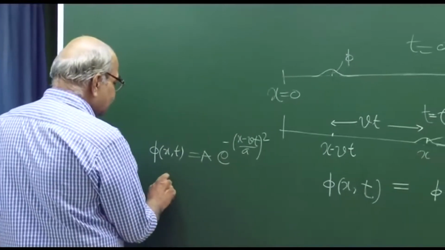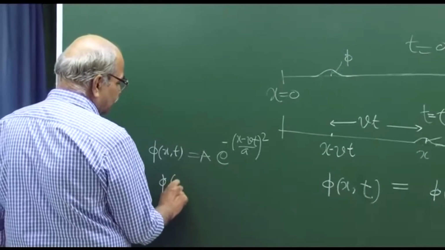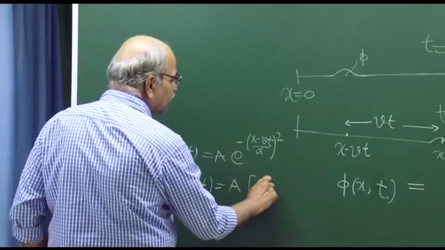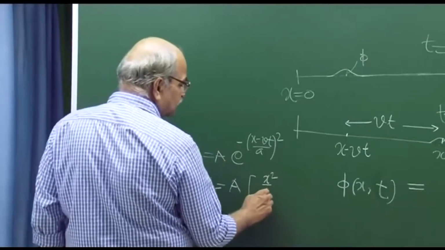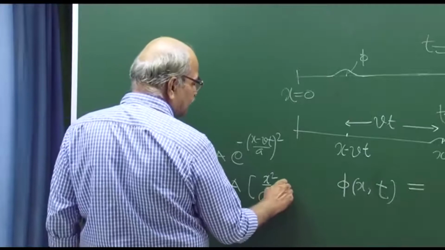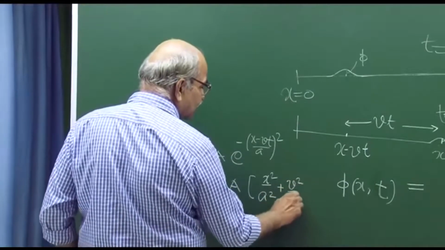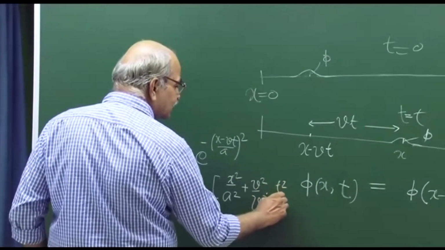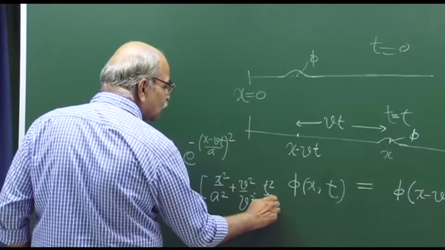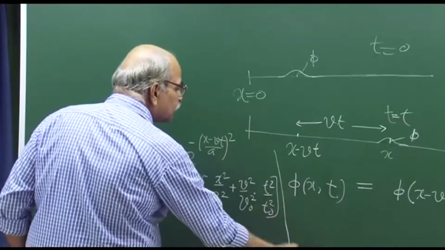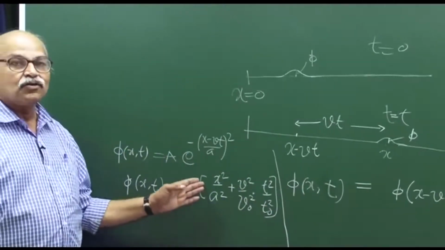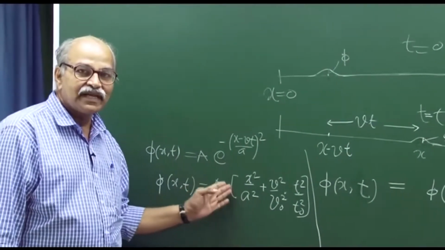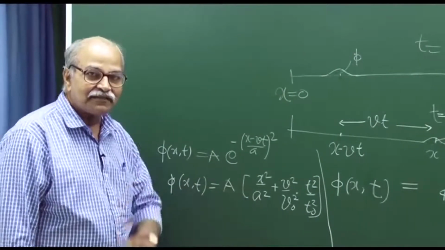But if I say that phi x t is equal to some constant times x square by a square plus v square by v naught square and times t square by t naught square and so on, this is not a wave propagating in positive x direction with velocity v.